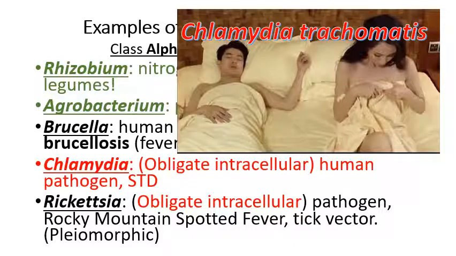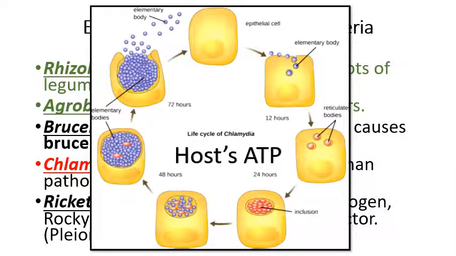Okay, so memorize the name Chlamydia trachomatis. Chlamydia trachomatis is the cause of a sexually transmitted disease. Now, when chlamydia reproduces, it gets into a cell, and then it creates living cells that are called reticulate bodies when you see them under the microscope.